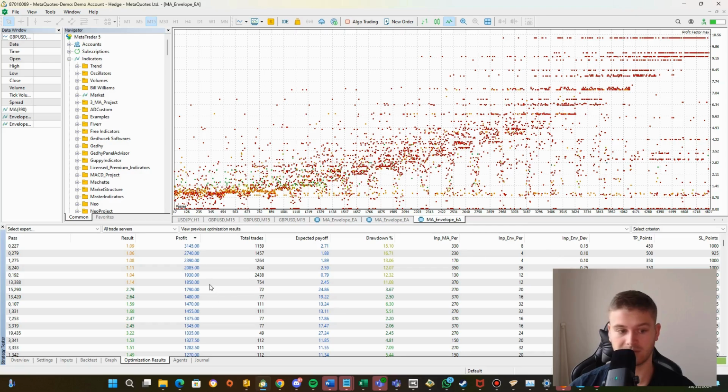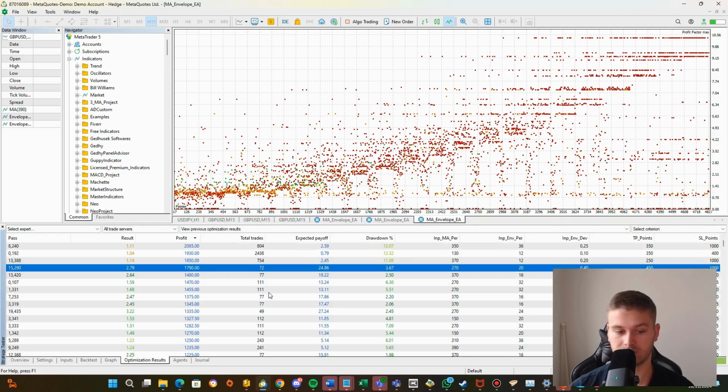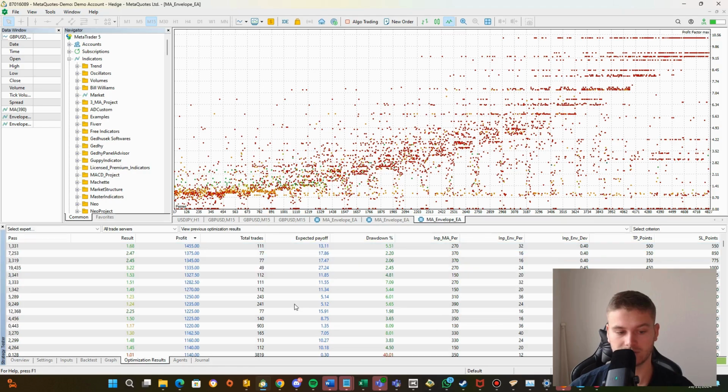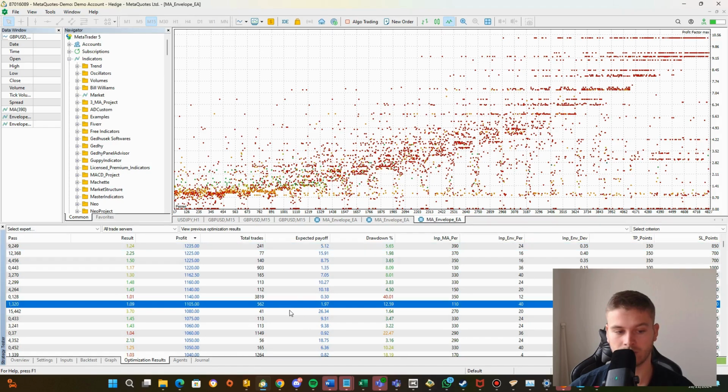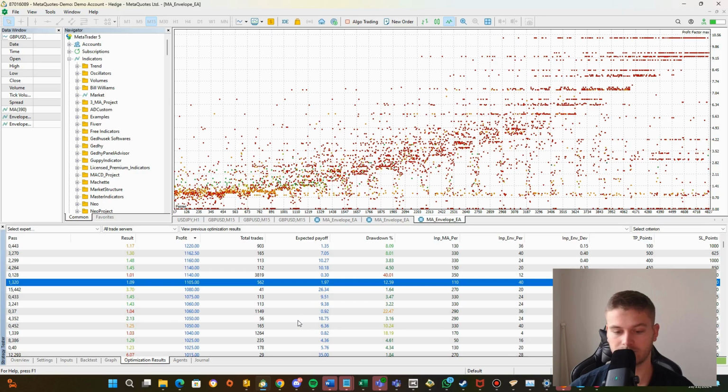This is the most profitable setting, but with a very low profit factor, which I don't like. The settings with the higher profit factor have a very low number of positions, so 72, which is also not something I like to see. So it's safe to say that for EUR USD, this is not profitable.